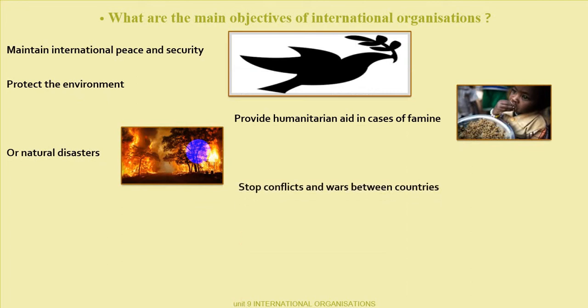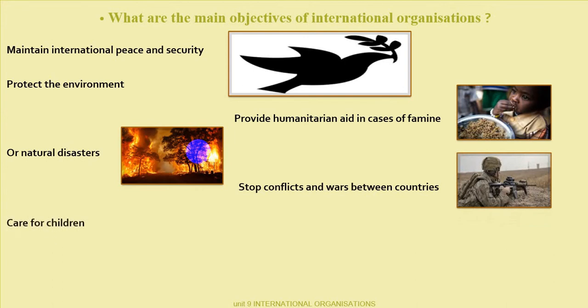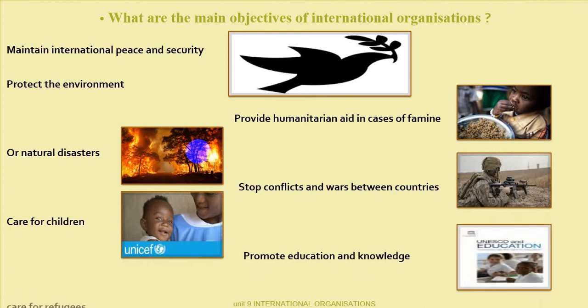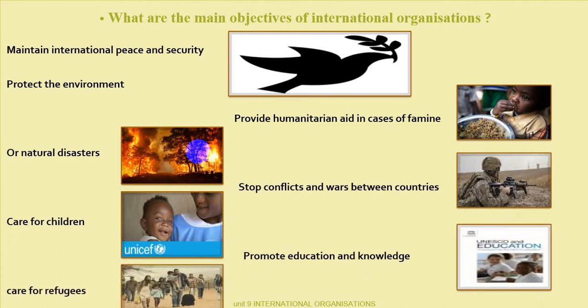Another objective of international organizations, of course, is to stop conflicts and wars between countries, to care for children, promote education and knowledge, and care for refugees. So here, again, you can see that the objectives are different and they touch different fields.